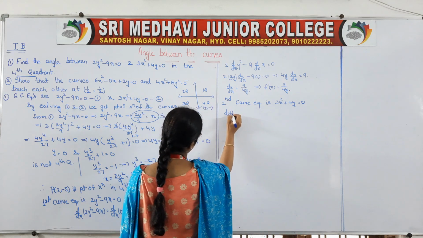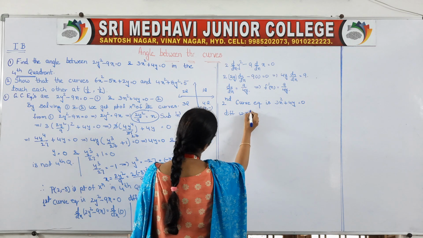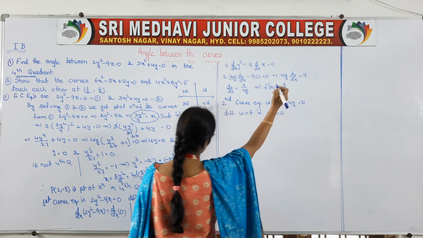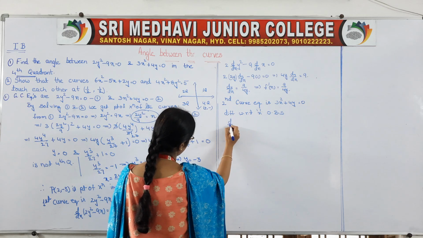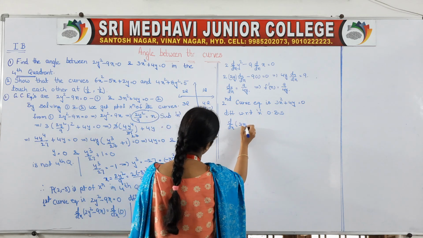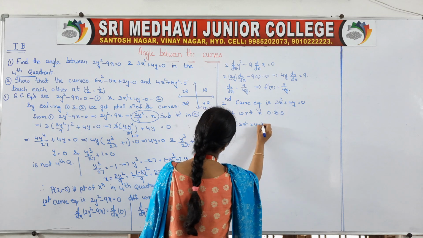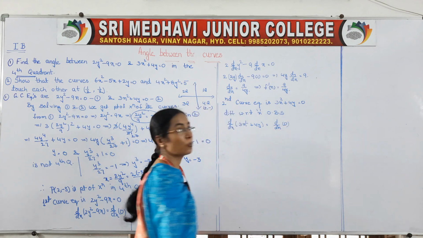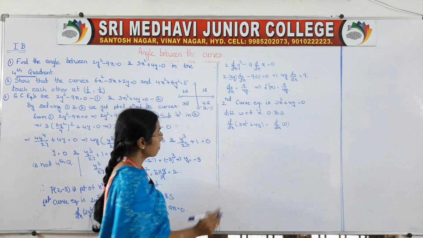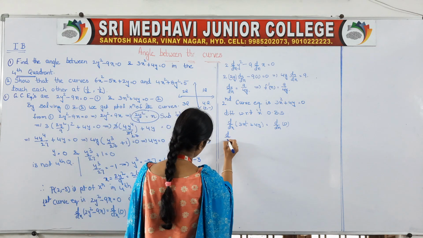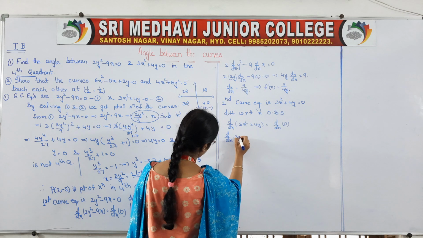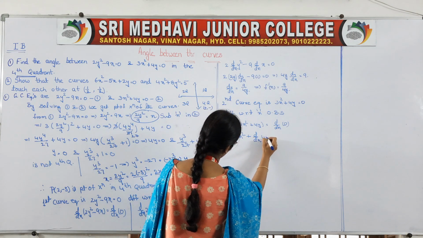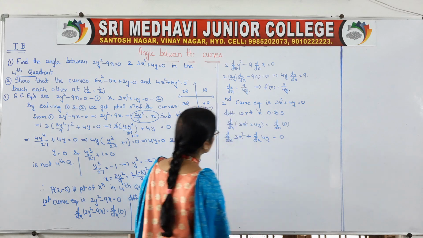So differentiating with respect to x on both sides, d by dx of 3x square plus 4y is equal to d by dx of 0. Whenever plus is there, we have to take separate derivatives. So d by dx of 4y is equal to 0.